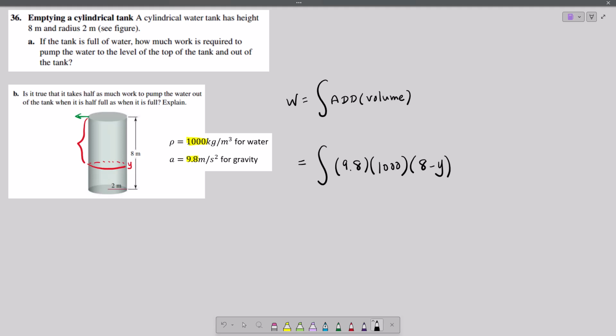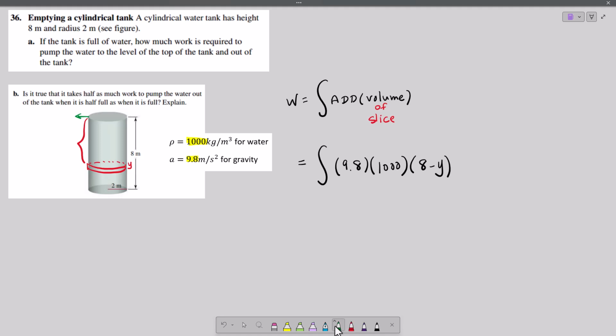Now volume, not the volume of the tank. We are talking about the volume of the slice. Remember that a cross section is two-dimensional, it's got no thickness. As soon as we add thickness, our cross section turns into a slice.